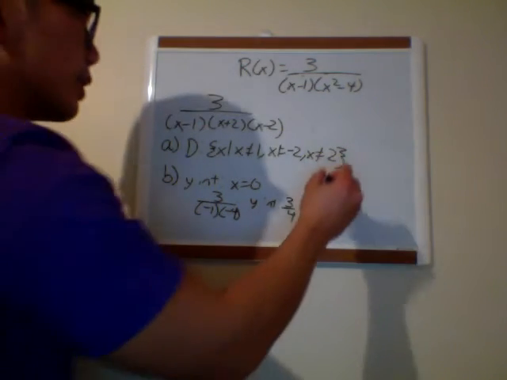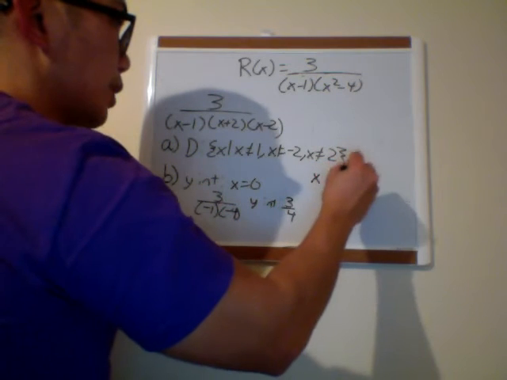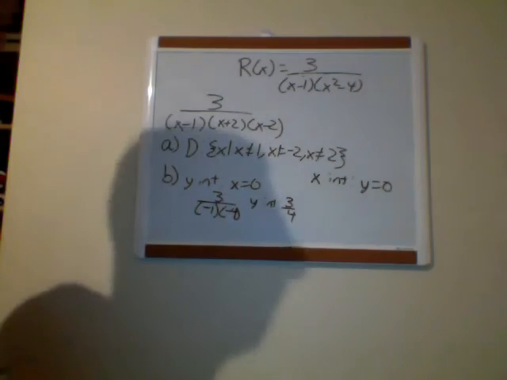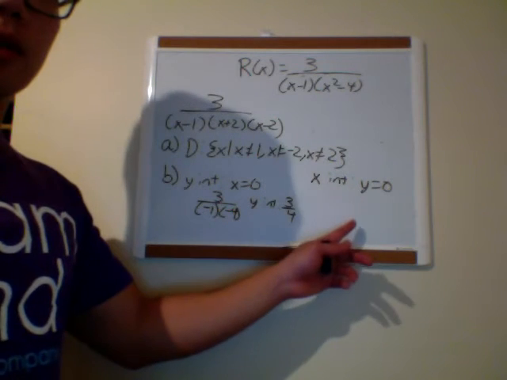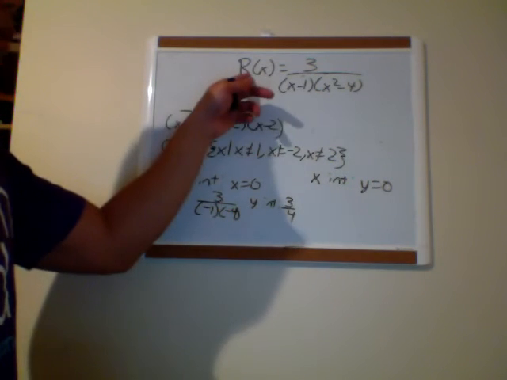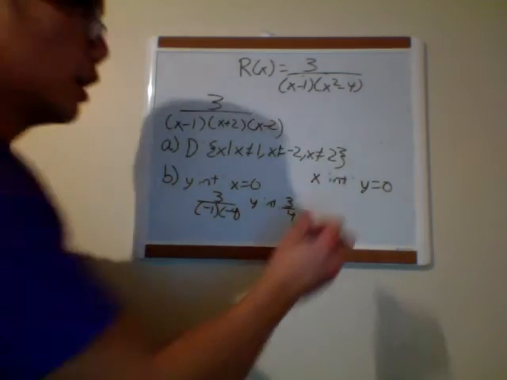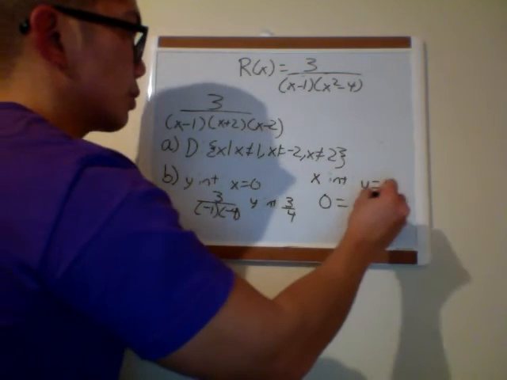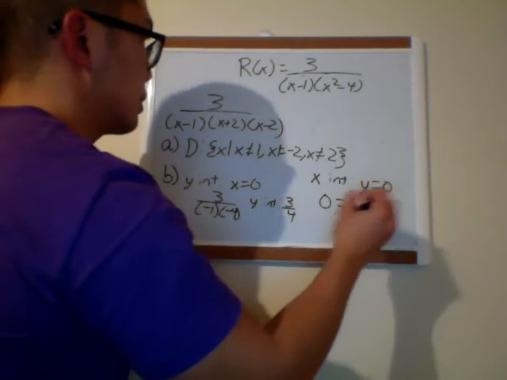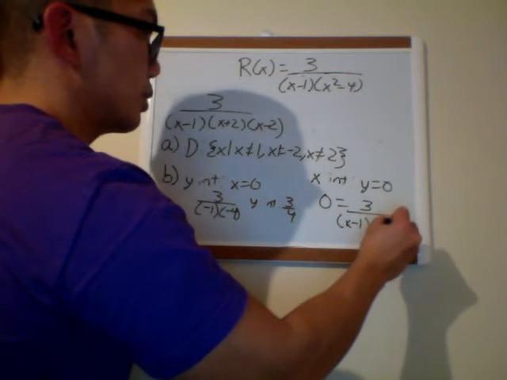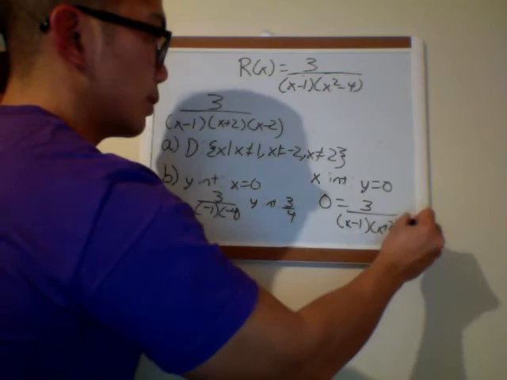Now my x-intercept is where y is equal to 0. Now, y is equal to 0 is going to be r of x. Remember, r of x is just another way to say y. So I have 0 is equal to 3 over x minus 1, x plus 2, x minus 2.